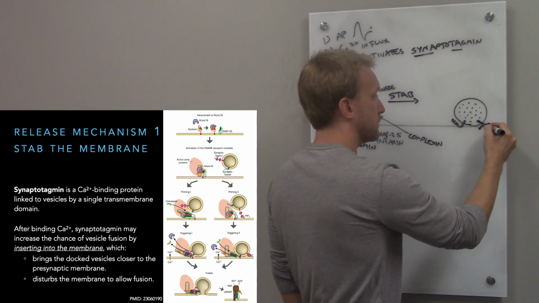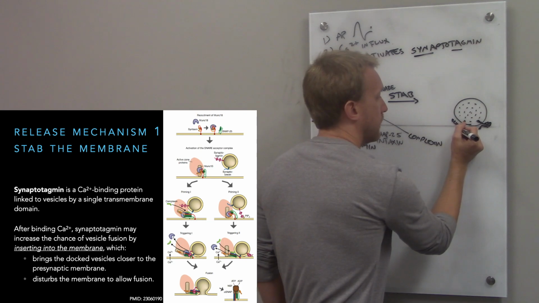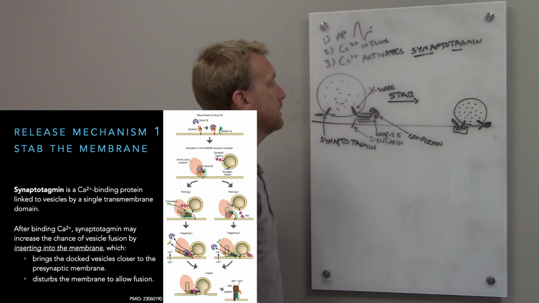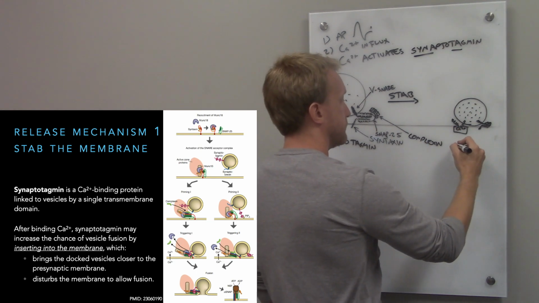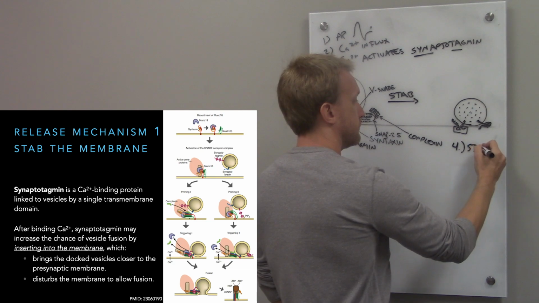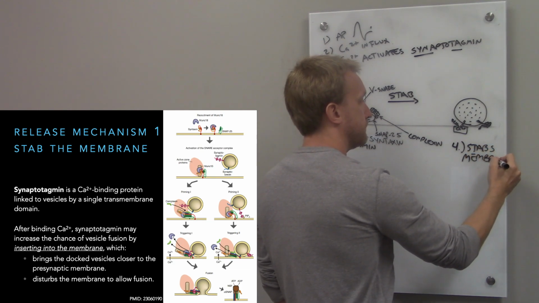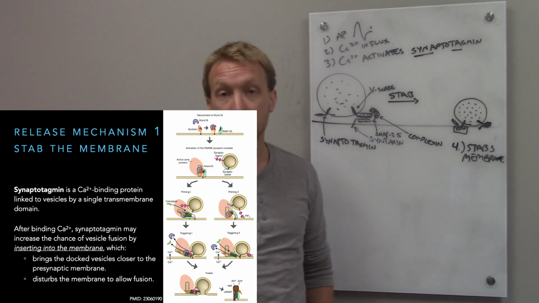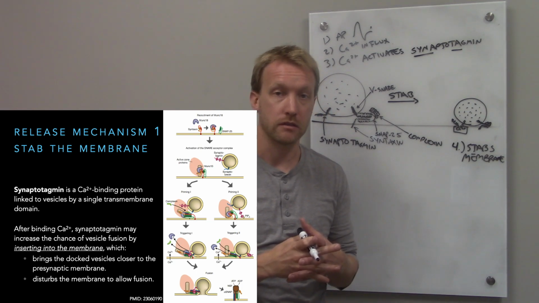Let me just get a quick snare complex up here, so we have that. But what happens is calcium bound, calcium right there, calcium bound synaptotagmin stabs the membrane. This destabilizes the membrane, making it much easier to break apart when the snare complex zippers up.